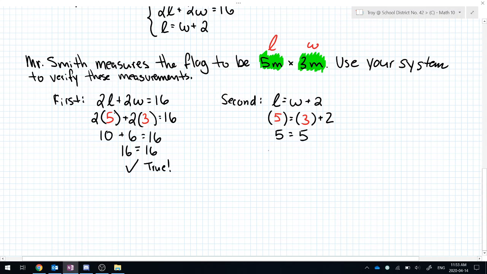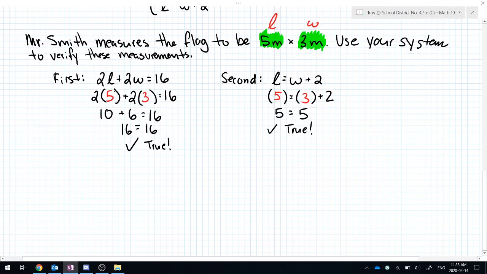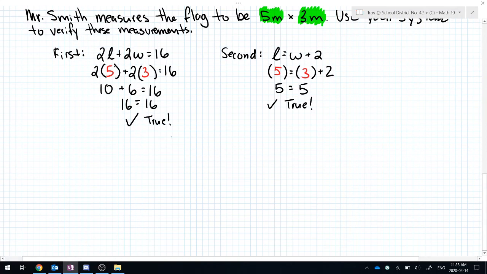Does 5 equal 5? Of course, yes it does. True. Okay, so what we've seen here is both equations from the system are satisfied. So we're happy. Okay, so we know that that system of equations accurately describes the situation that we have here.